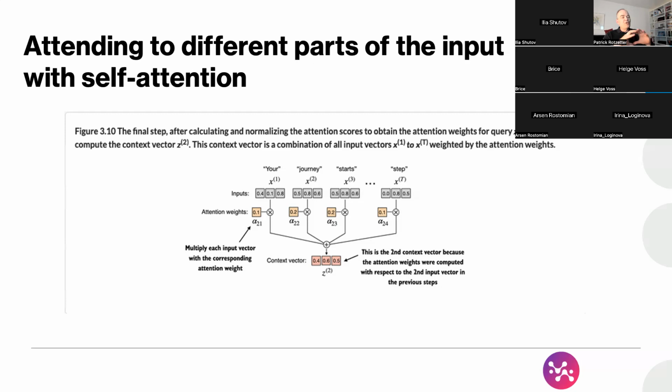It is enriched with the context, because now you have integrated into the vector representation of the word the fact that the word "journey" is in the sentence with the word "your", and the verb "starts" after that, right? So it's an enriched representation of the word embedding.